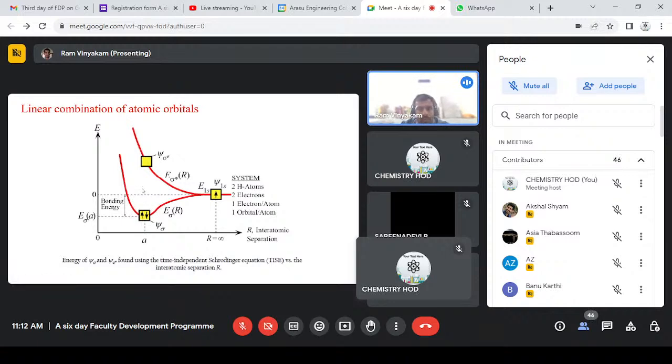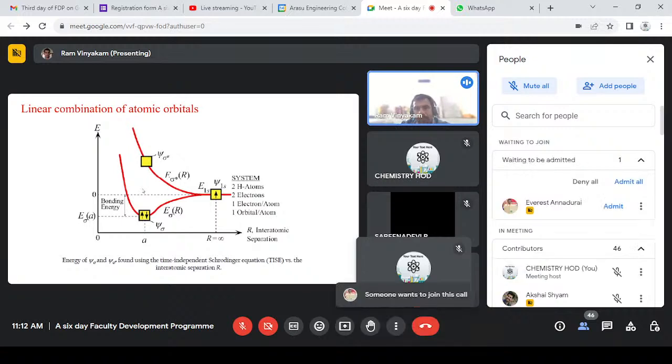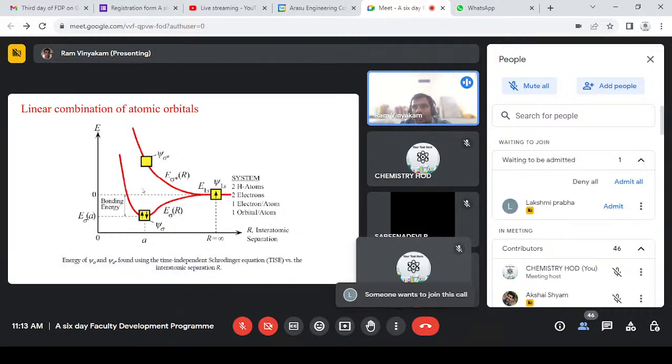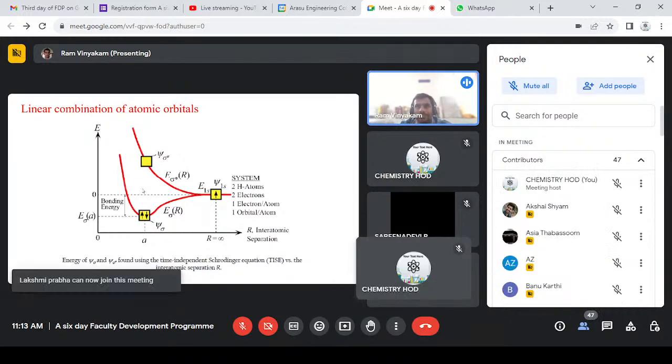In the case of a molecule, the interaction is very simple. But when you want to calculate actual cases, we have to incorporate the interaction between the two atoms, the potentials.